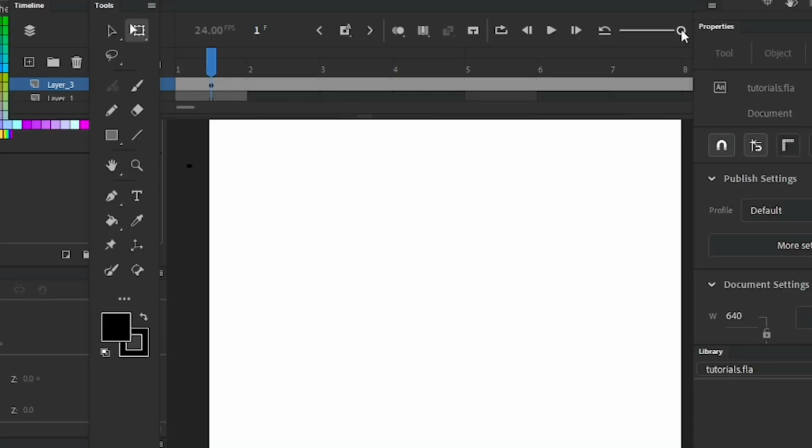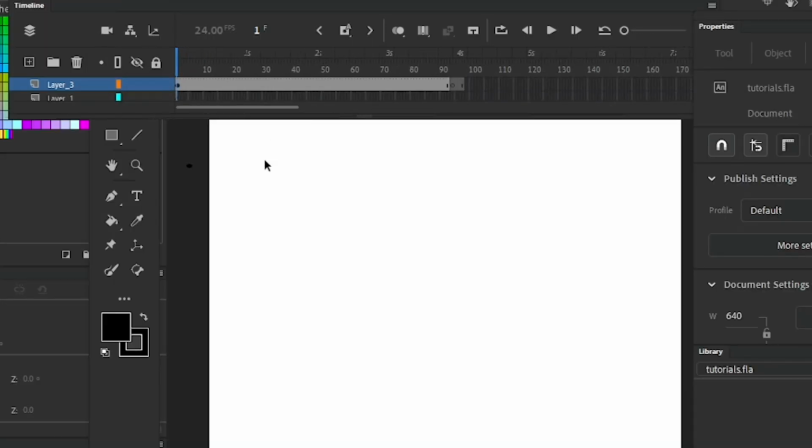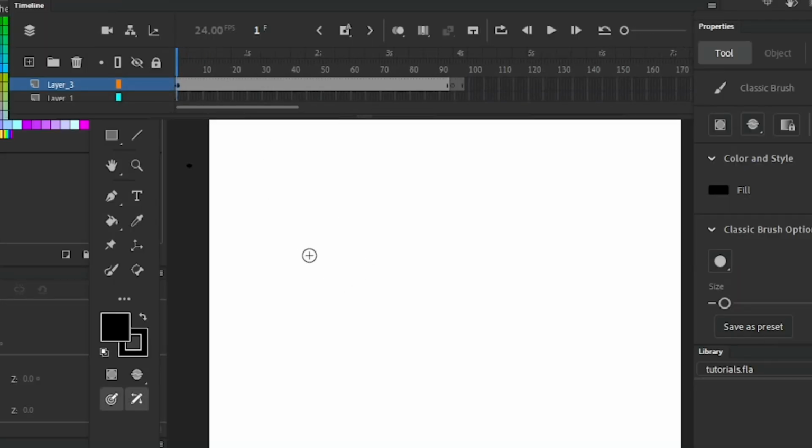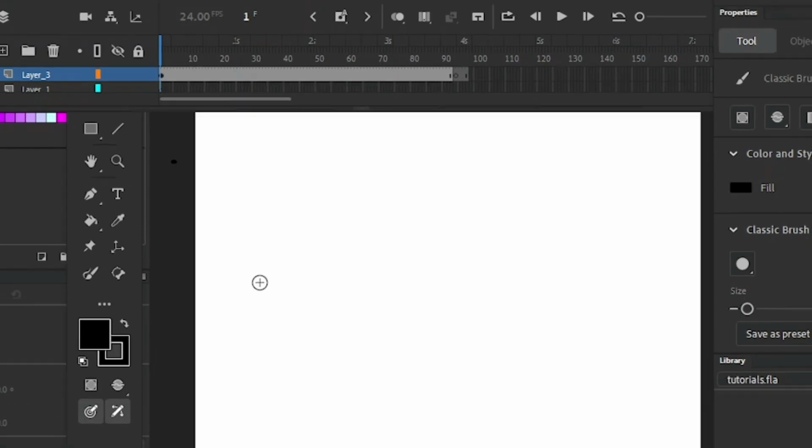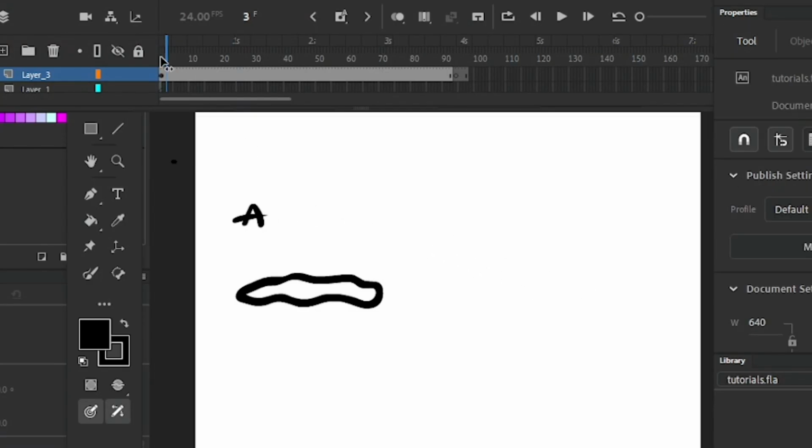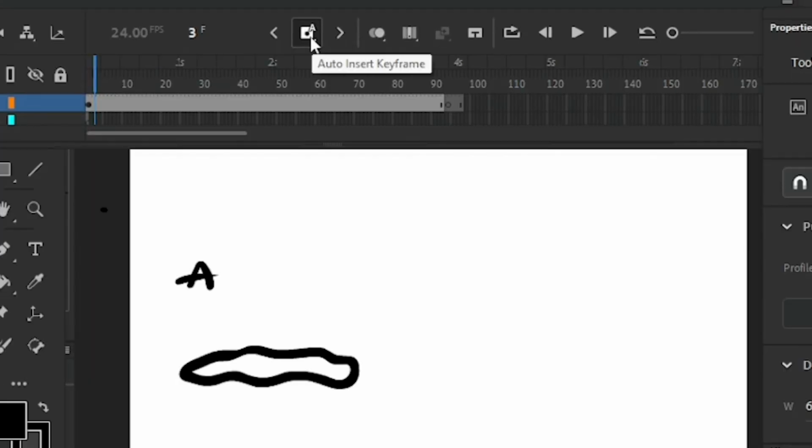Let's say on this keyframe we have a 1, and this is your point A. Now we go over here. Let's say I move 2 keyframes forward.